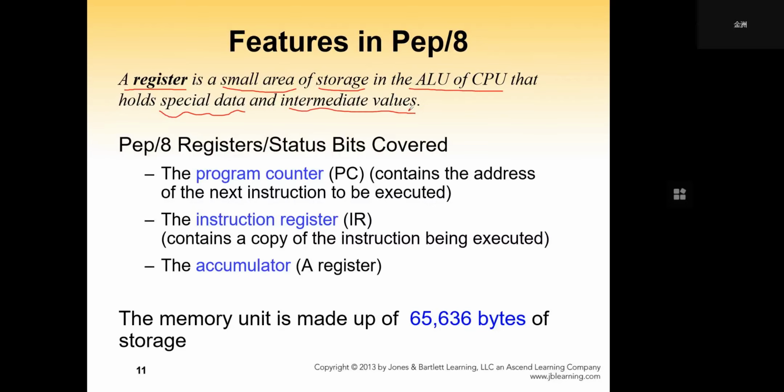For the instructions and the fetch, decode, and execute cycle, one of the important things is that we have several important registers which contain very special data or instructions. We learn three of them here.